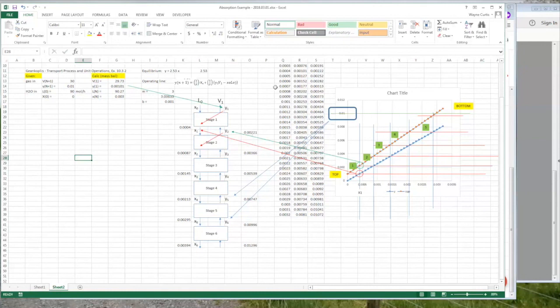The staging gives rise to a theoretical number for 5 stages, and then you get an efficiency that works in.